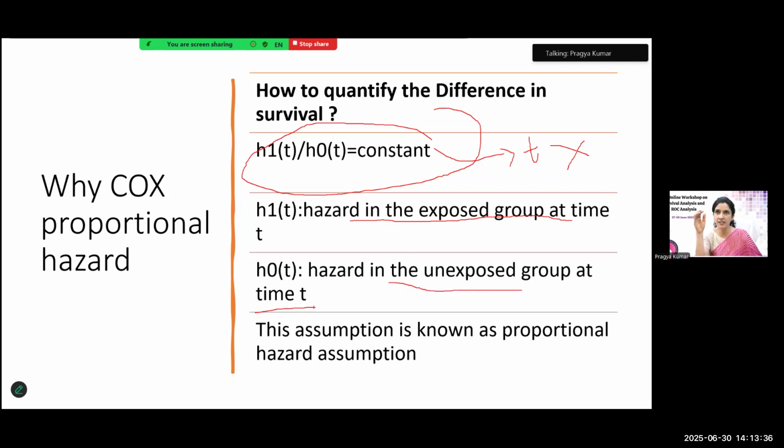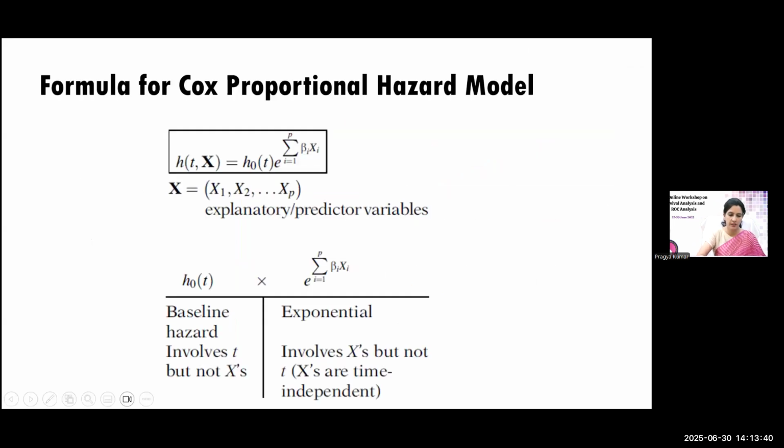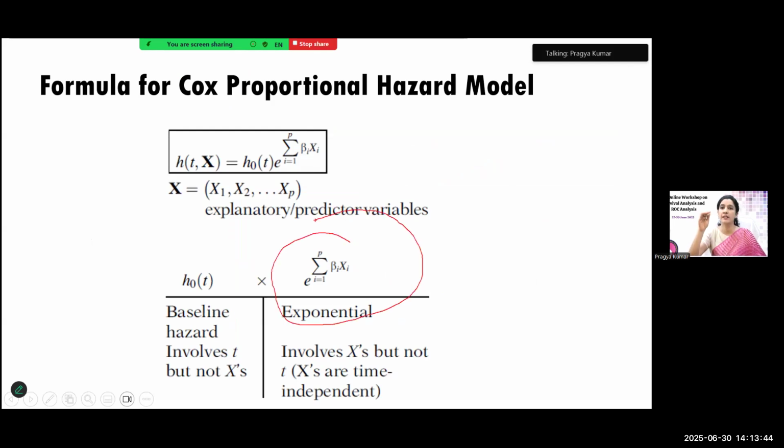Because there is no unit of time in this exponent, the hazard ratio will be constant across time.